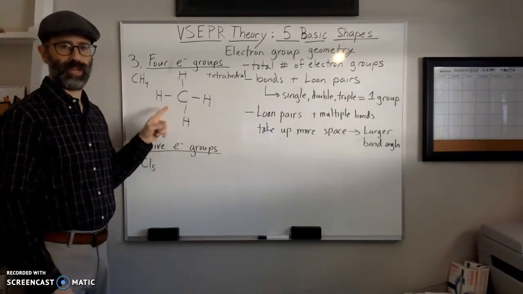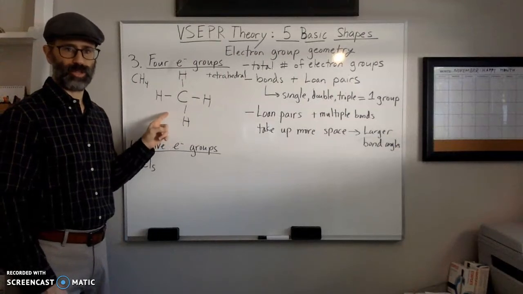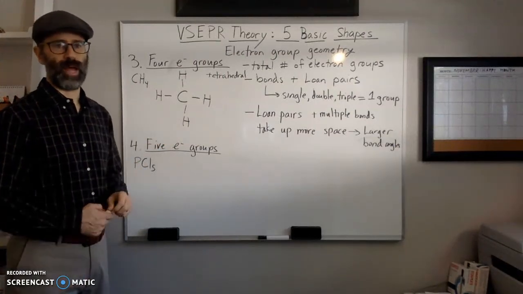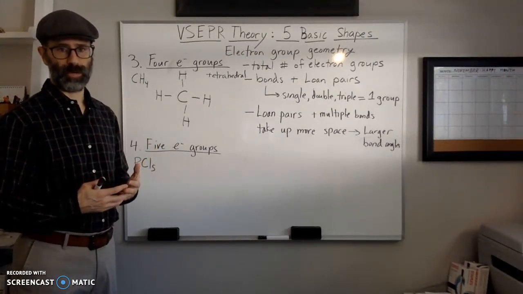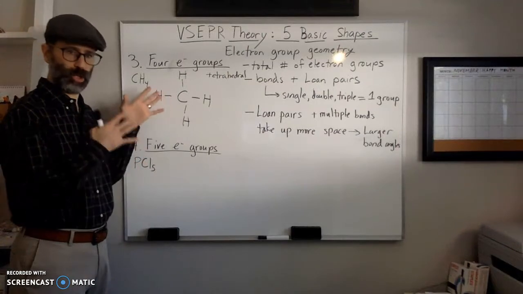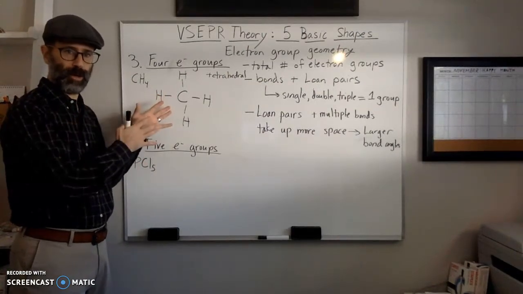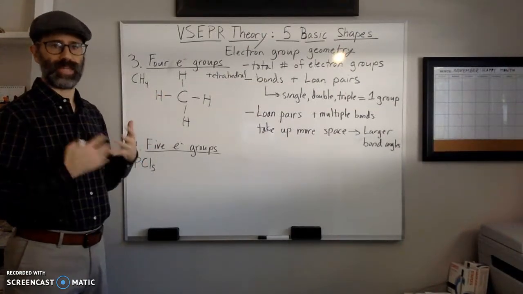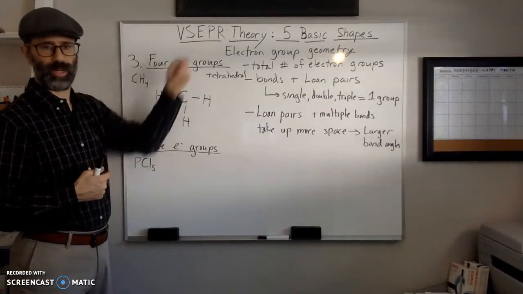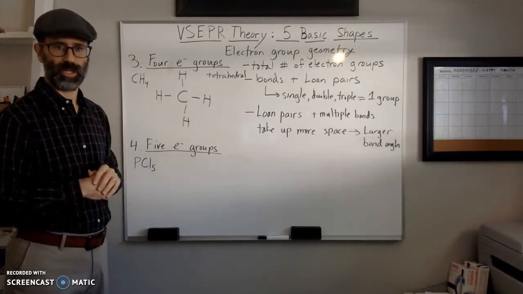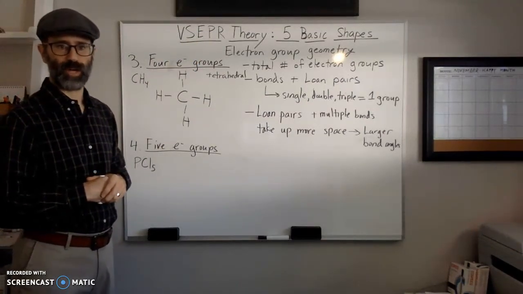The important thing is that you're able to look at the Lewis dot structure and determine the shape of the molecule from it, not based on what it looks like on the paper or on the board, but based on the VSEPR theory, the repulsion of the electron groups.